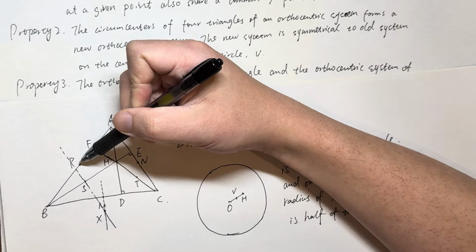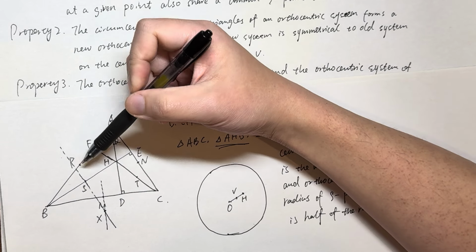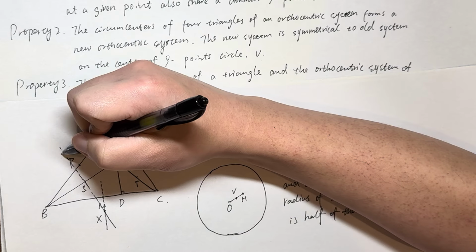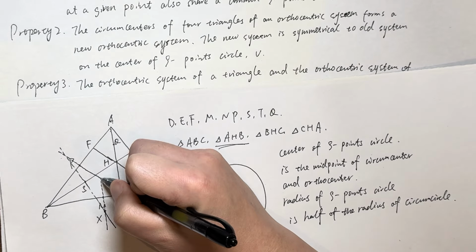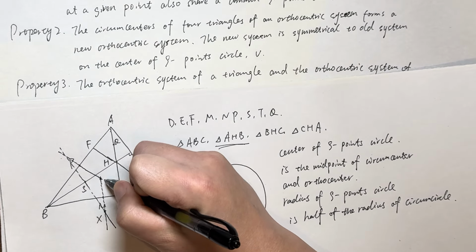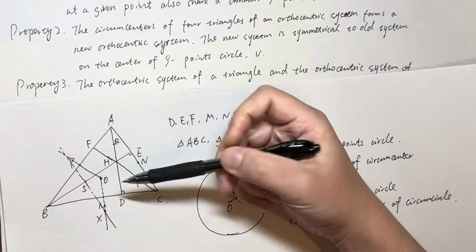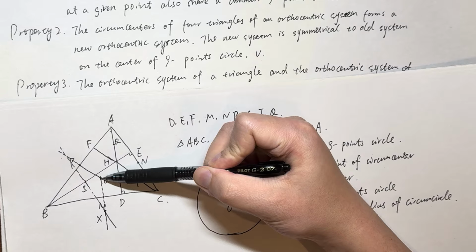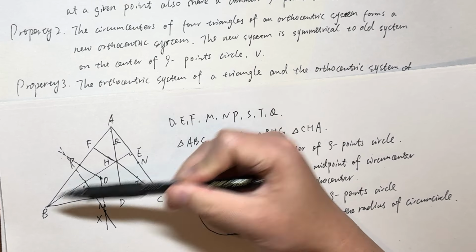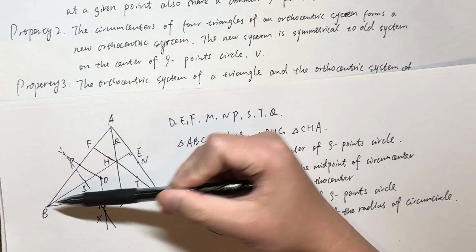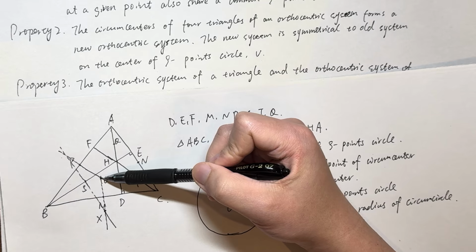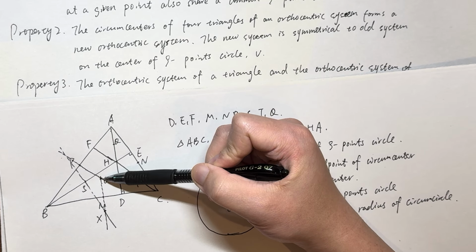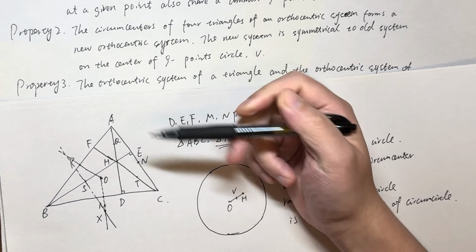And if we find the perpendicular bisector of segment AB, then we know that this point is, because this point is an intersection point of the perpendicular bisector of segment BC and the perpendicular bisector of segment AB, which means that this point is a circumcenter of the triangle ABC.